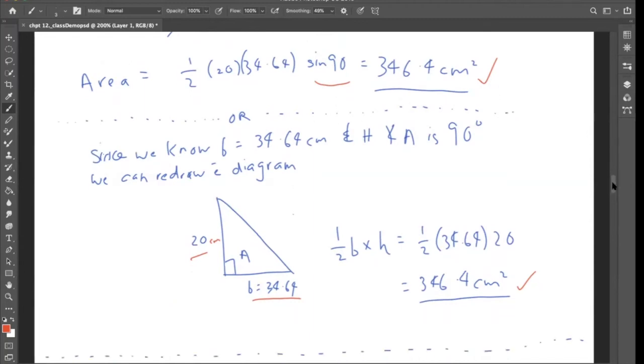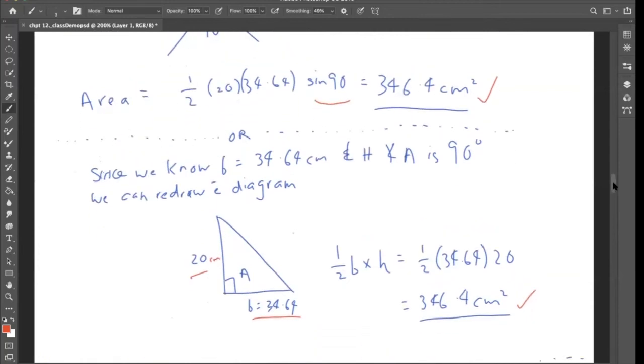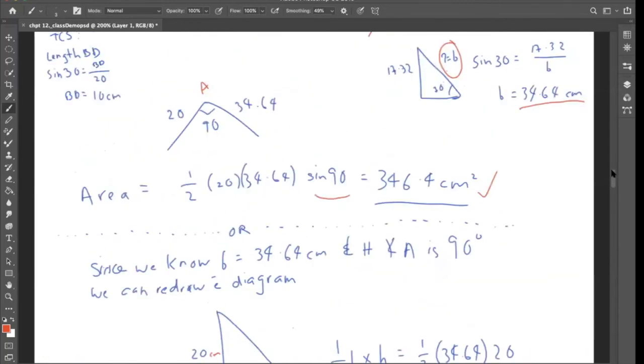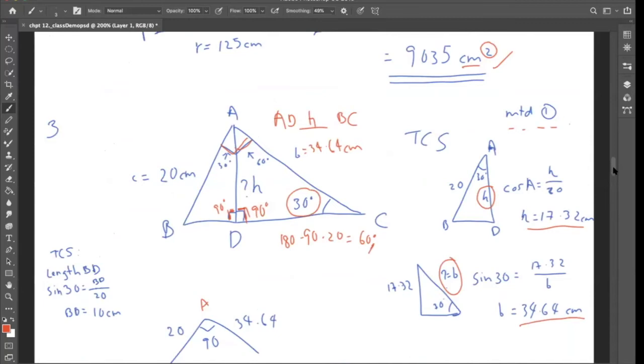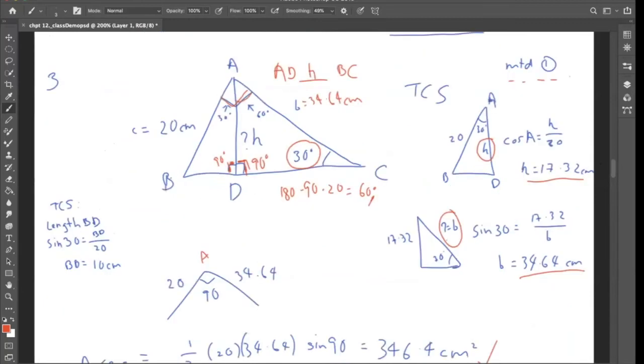All right, so this is question 3. I go through again. Okay, we have angle A, which is 90 degrees, and we also know since AD is perpendicular to BC, it is also 90 degrees. So using Pythagoras, we can solve for H, which is 7.32. So how to find B?